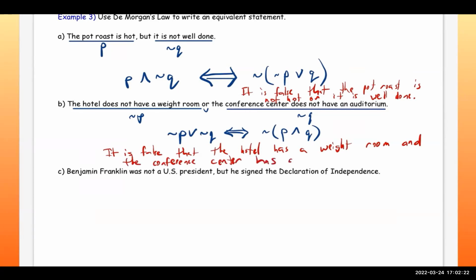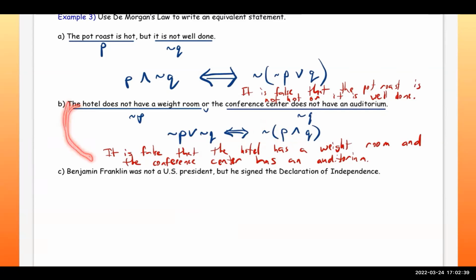All right, here's it is false that the hotel has a weight room and the conference center has an auditorium. All right, so these two statements are equivalent. All right, let's look at the next example.